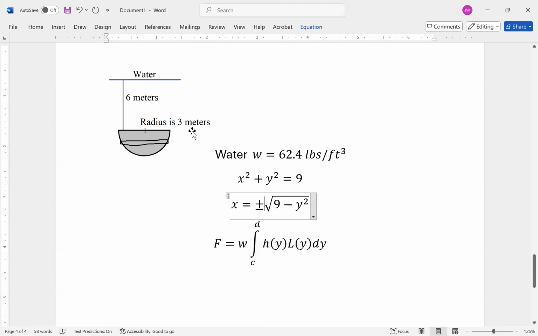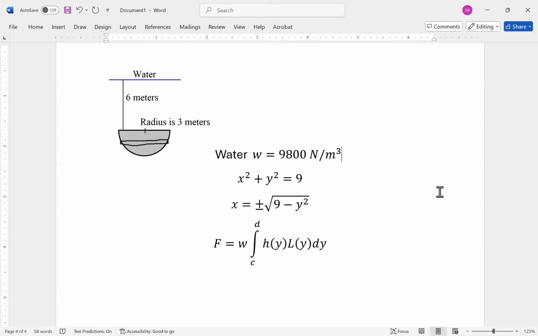Now, again, we're in meters, so I want to change my weight density of water to be 9,800 newtons per cubic meter. Again, that's just a number you can look up. Or that'll be given to you on the test if it's a different liquid other than water.